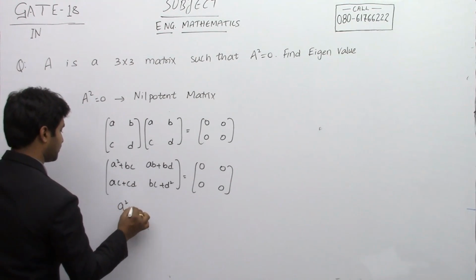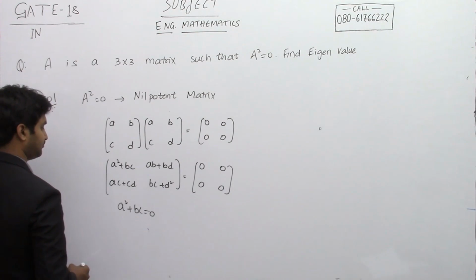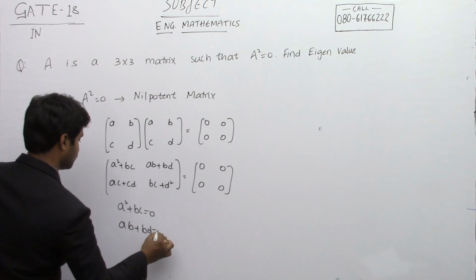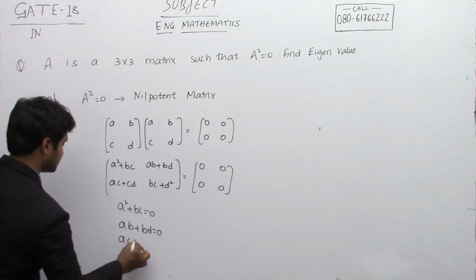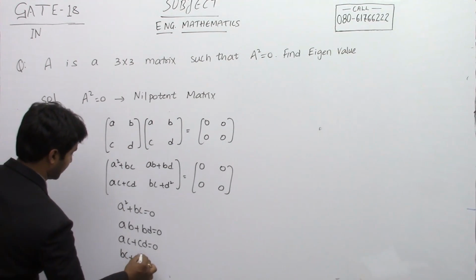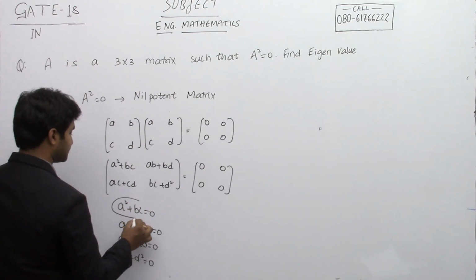So a square plus bc is equal to 0, ab plus bd is equal to 0, ac plus cd is equal to 0, and bc plus d square is equal to 0. So you'll get that the value of a square plus bc is equal to 0.